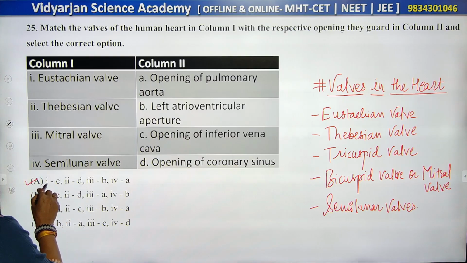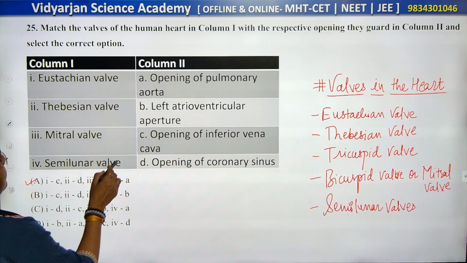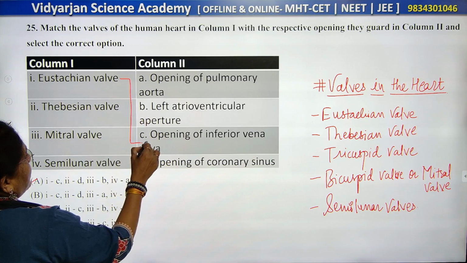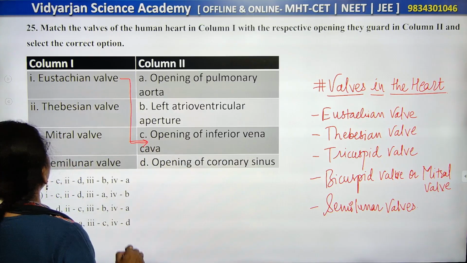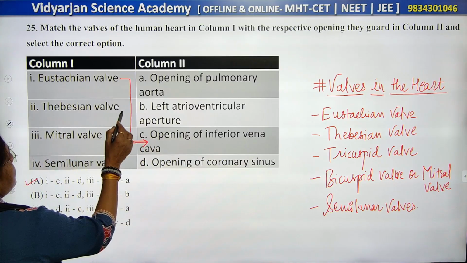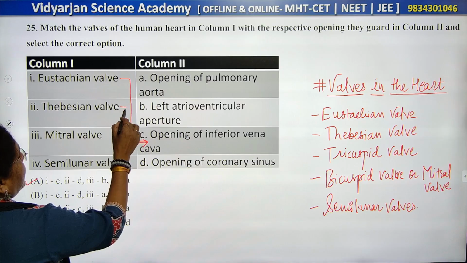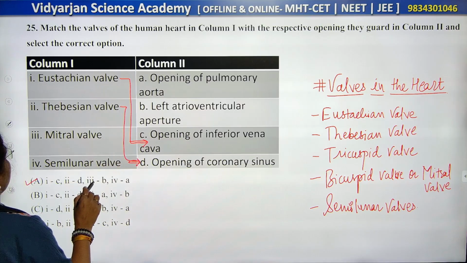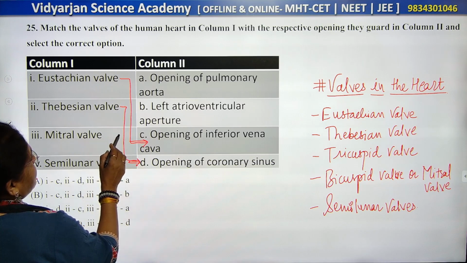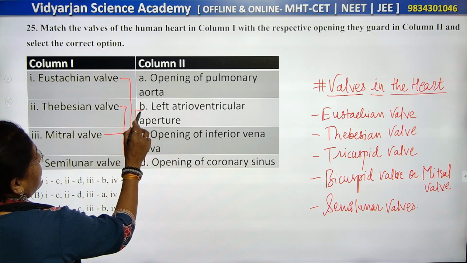So see, first, Eustachian valve is present here near the opening of the inferior vena cava. Thebesian valve is present near the coronary sinus opening. Then the third one is the mitral valve, which is present on the left side.